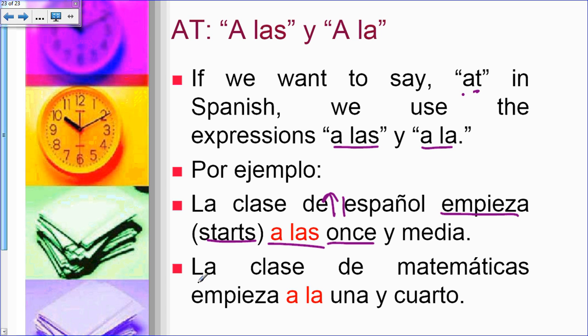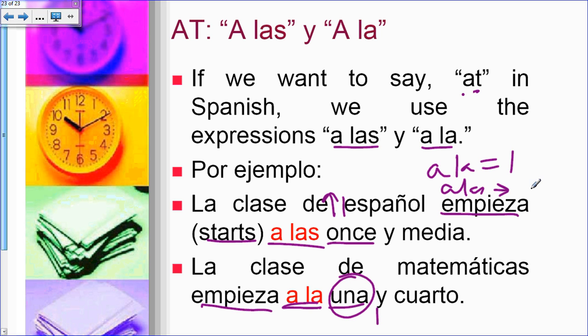If I want to say math class starts at 1:15, la clase de matemáticas empieza a la 1:15, because this is 1. So a la is always used with 1. A las is anything, el número más de uno.